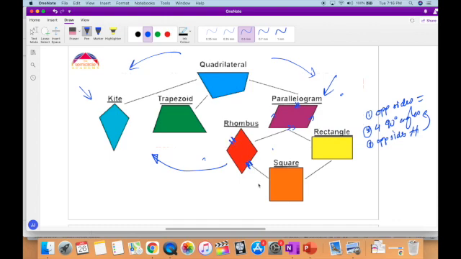But in a kite, it's the adjacent sides, the sides that are right next to each other and join at a point. Those adjacent sides are equal, so this is equal to this. Everybody understands the difference between a rhombus and a kite?